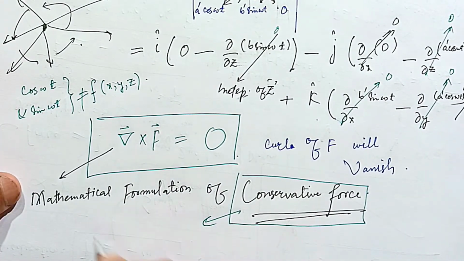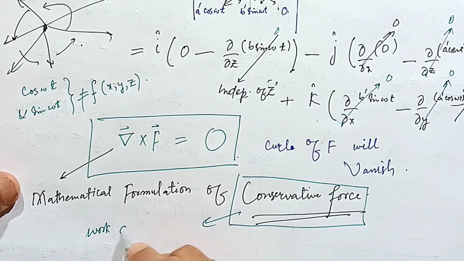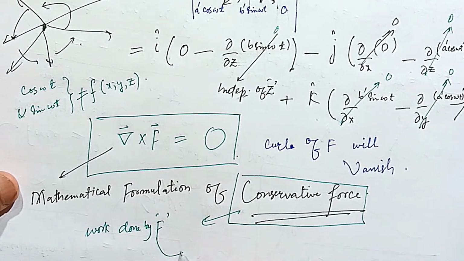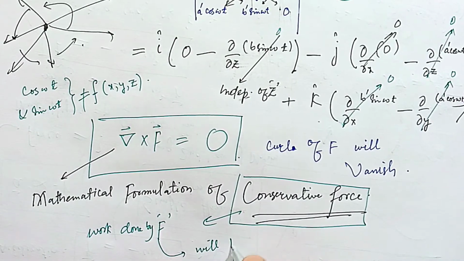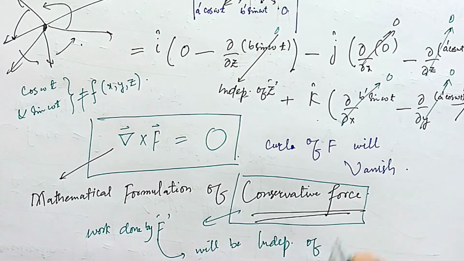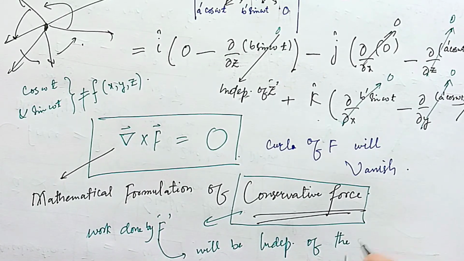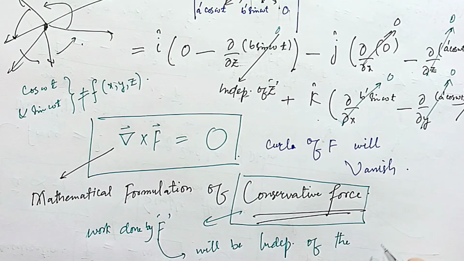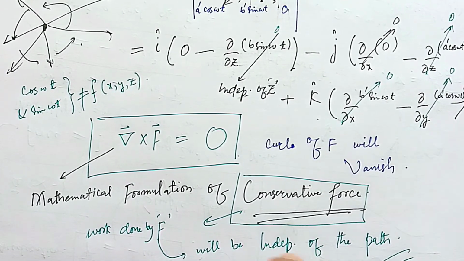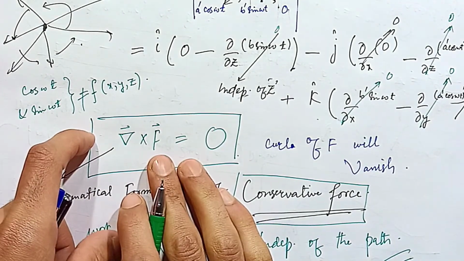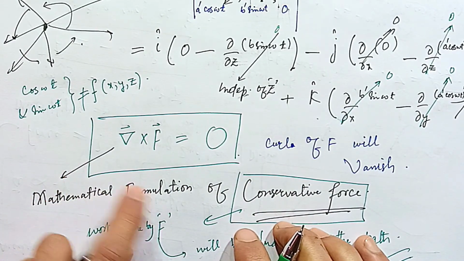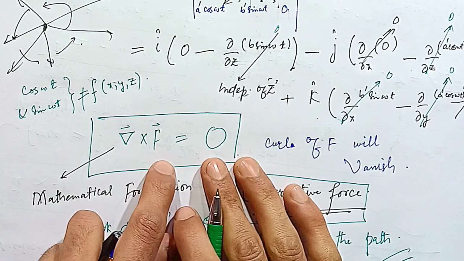That means the work done by this force will be independent of the path. That is the outcome of a conservative force, independent of the path it follows. That means the force which we were discussing here is conservative in nature, that is, the curl of the force vanishes.